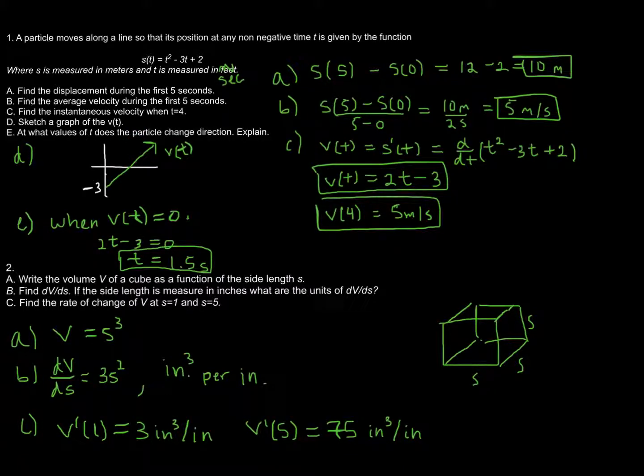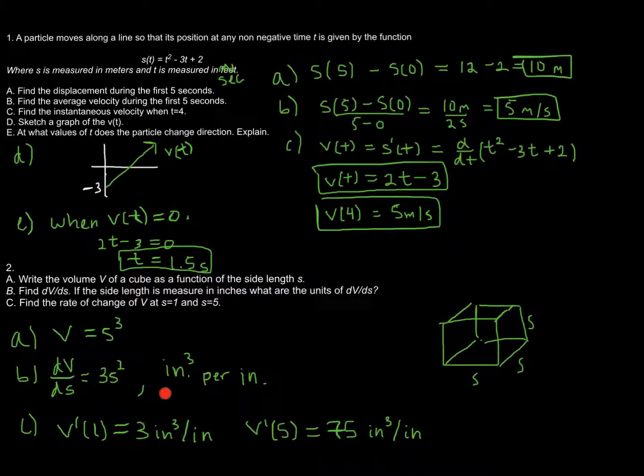For number 2, a cube is just a rectangular prism where all the dimensions are the same, the side lengths are all the same. So the volume is just s cubed, and then you can take the derivative of the volume with respect to the side length, which is just 3s squared. That's in inches cubed per inch.